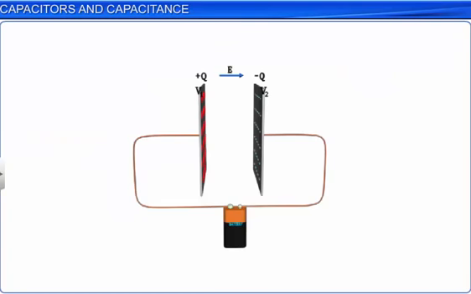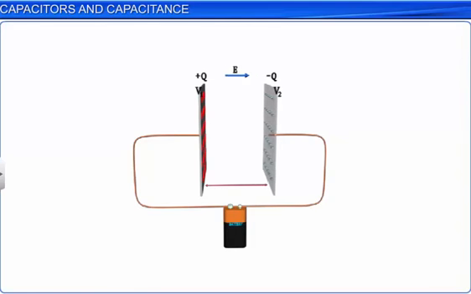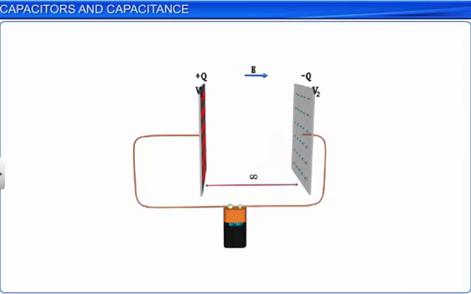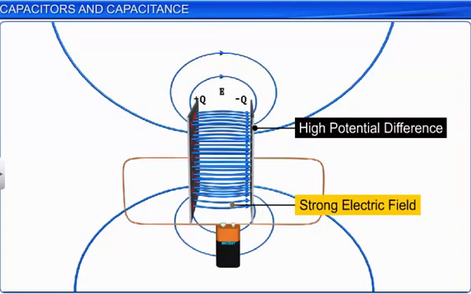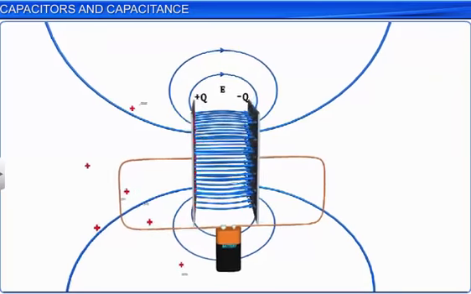It is important to note that a single plate can also act as a capacitor, assuming that the other is at infinity. For a capacitor having a very high potential difference between its plates, there exists a strong electric field between and around the plates. This strong electric field can ionize the surrounding air.